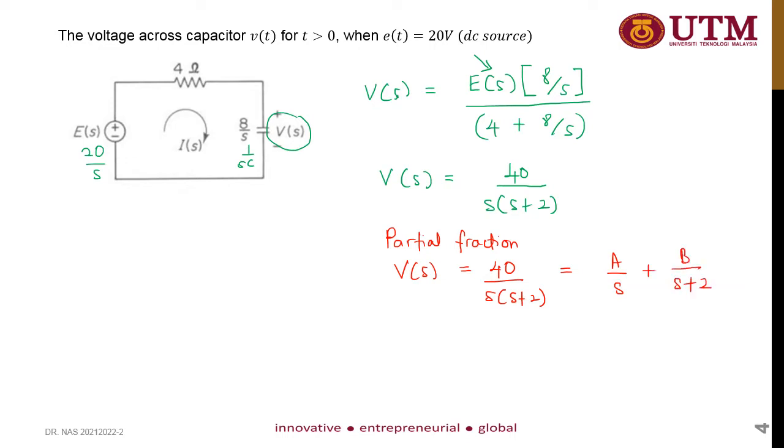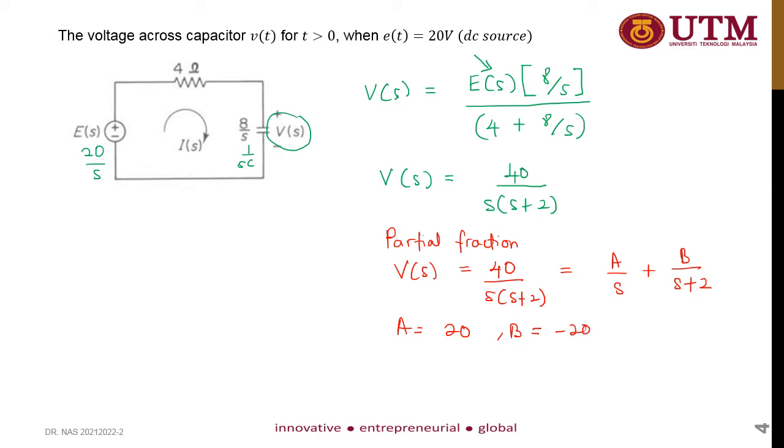Determine what A and B are, and finally you should get A equal to positive 20, while B equals negative 20.